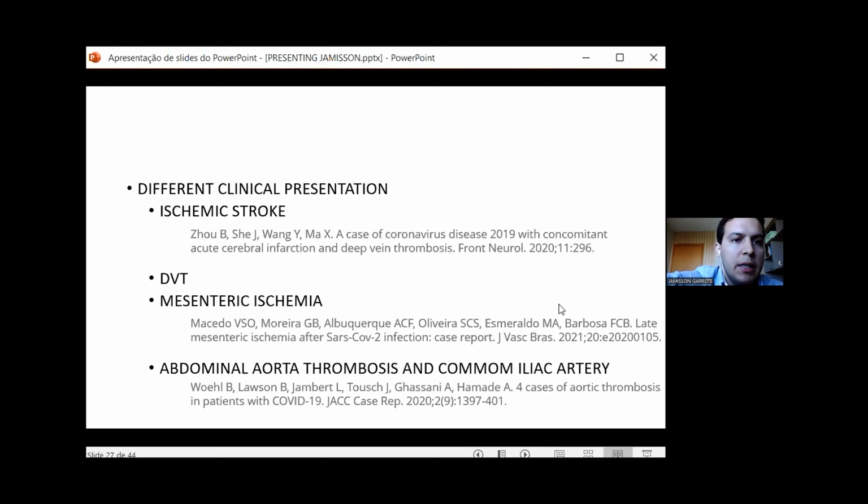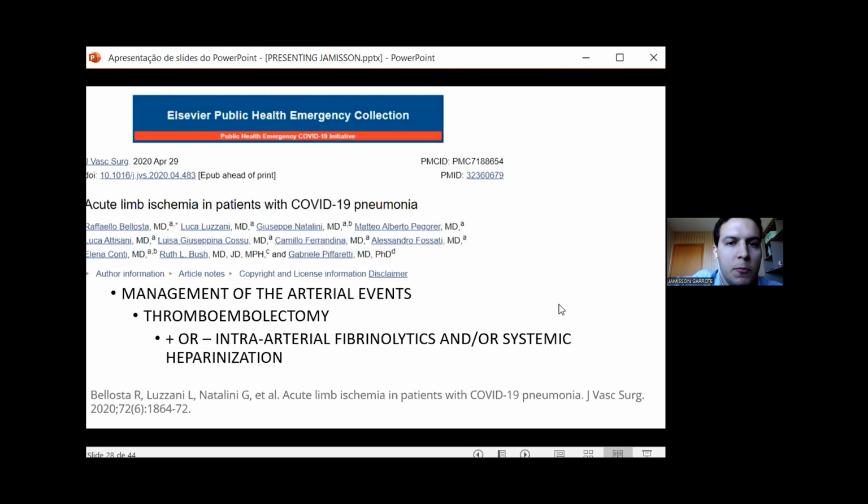It was shown that the virus's mechanism of vascular involvement can cause episodes like cryptogenic stroke, acute kidney damage, cutaneous vasculitis, and other reports describing different clinical presentations, such as deep vein thrombosis, mesenteric ischemia, abdominal aortic thrombosis with or without involvement of the iliac arteries.